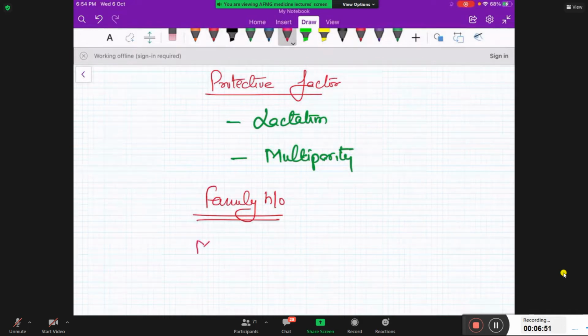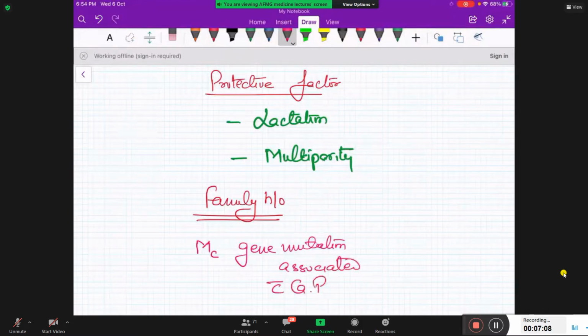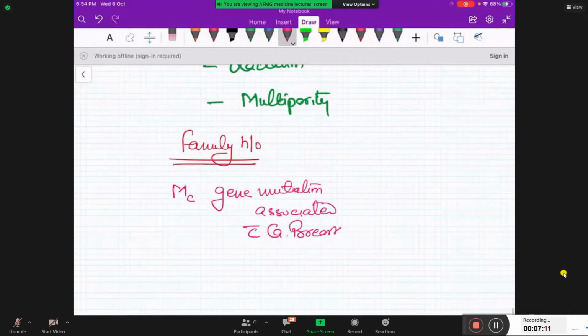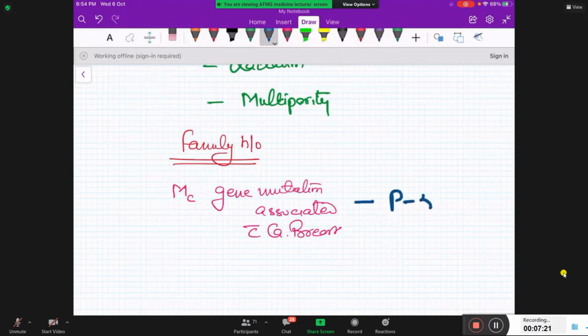The most common gene mutation associated with carcinoma breast, if asked, very commonly asked question: BRCA1? You are absolutely wrong. It is P53.